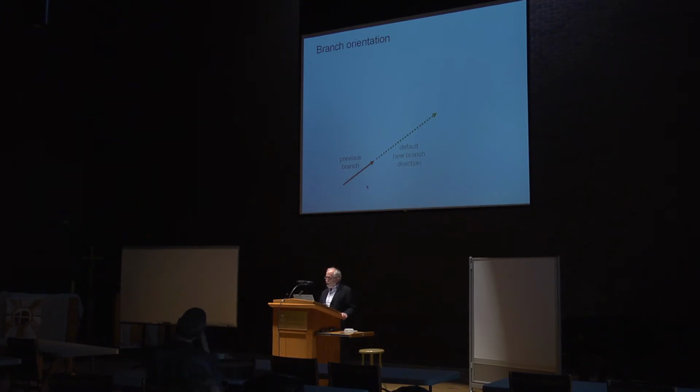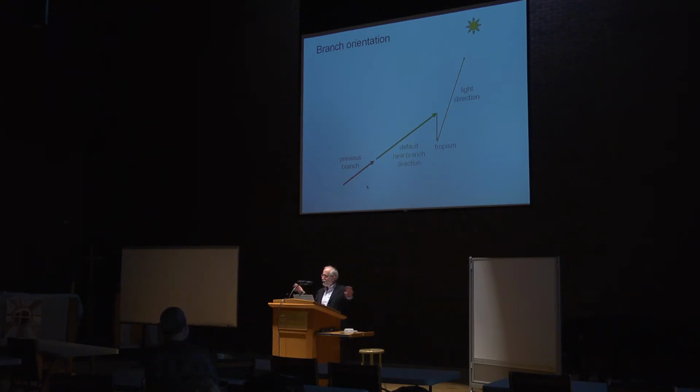And another important factor is branch orientation. So we could say that by default, a branch grows in the same direction in which it was already growing. But it is known that the direction is affected on one hand by gravity and on the other by light. And by gravity it can be affected in two ways. One is passive bending, like in a willow.